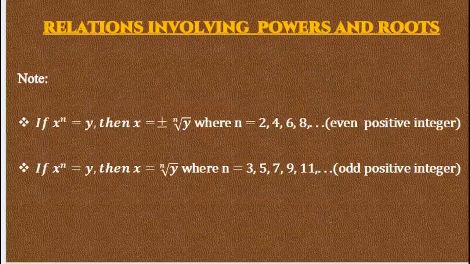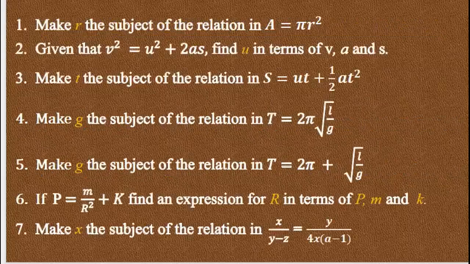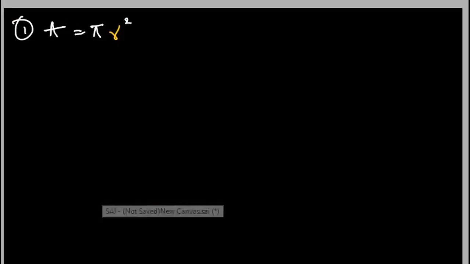Now we have relations involving powers and roots. When we are dealing with powers and roots, let's be fast enough. So we make R the subject of the relation A equals pi R squared. As we have this here, A equals pi R squared, you can choose to rearrange it because R is found only on the right hand side.